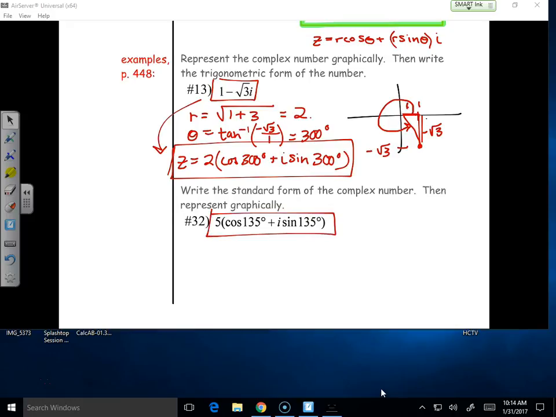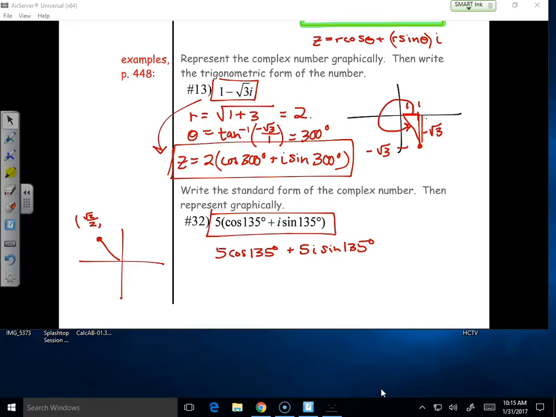We also have to go from trig form back to standard form. Pull it apart, sounds good to me. Where's 135? It's 45 degrees in the second quadrant, right? So first of all, can't we just multiply the 5 in? Then 135, we should try to know them. 135 is a 45 degree reference angle, that means we get root 2 over 2 and root 2 over 2.